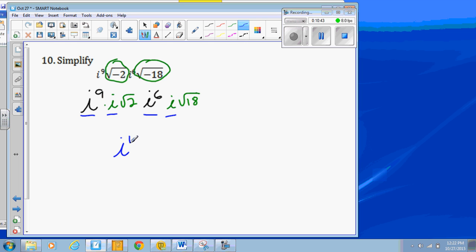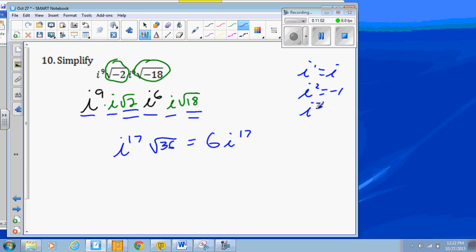So it's i to the 17th times the square root of, multiply those two together, square root of 36. So it's going to be 6i to the 17th. And now I go to my rules about i to the 1st equals i, i to the 2nd equals negative 1, i to the 3rd equals negative i, and i to the 4th equals positive 1. And i to the 17th, where does that fit in here?